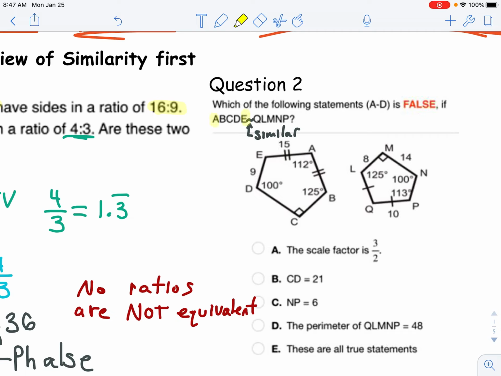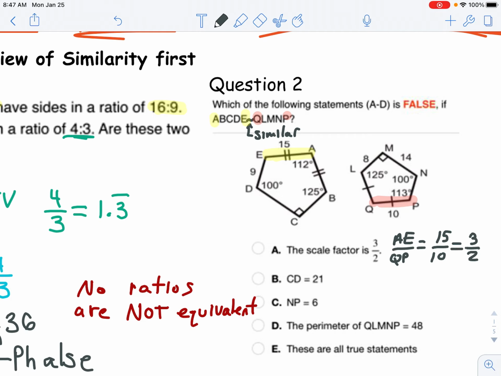Let's look at AE. AE is the bookends of the similarity statement, so AE corresponds to QP, because those are the first and last letters. So AE over QP, the length of AE is 15, QP is 10, so I get 3/2.